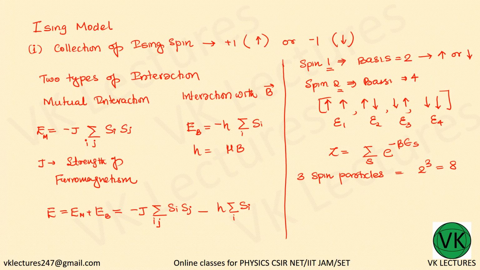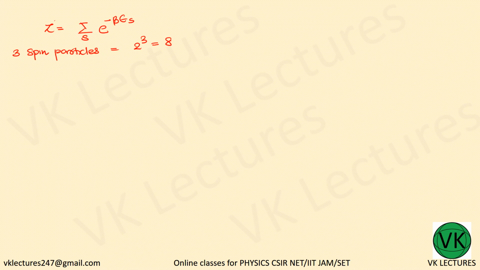The number of elements is 8, so for 3 spin particles we start with all the up states, up, up and up.